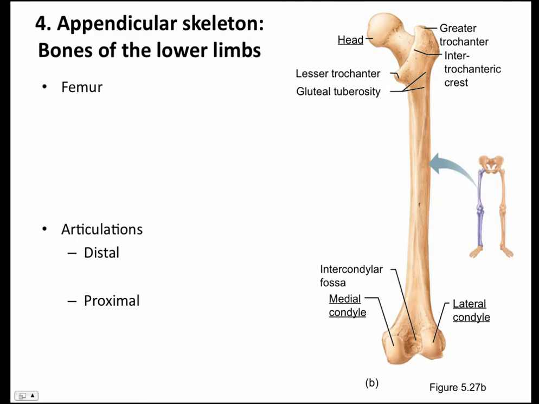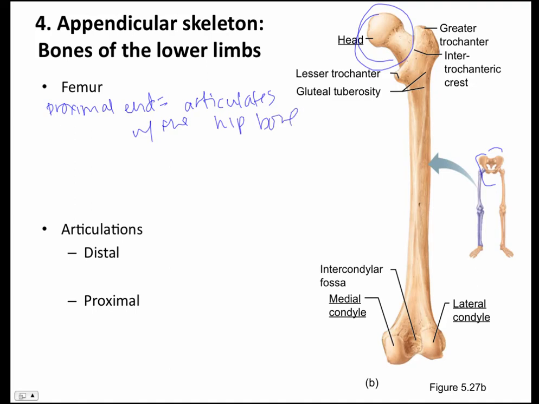Interesting fact. Okay, now looking at bones of the lower limbs, starting off with our femur. The head of the femur is going to articulate with our pelvic bone. So the proximal end articulates with the hip bone, and then the distal end articulates with the tibia of the lower leg.